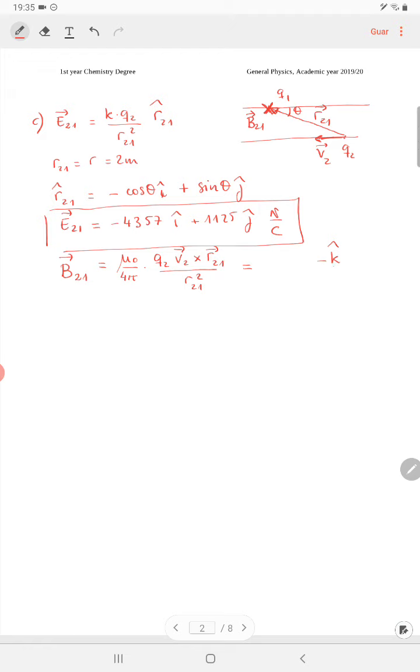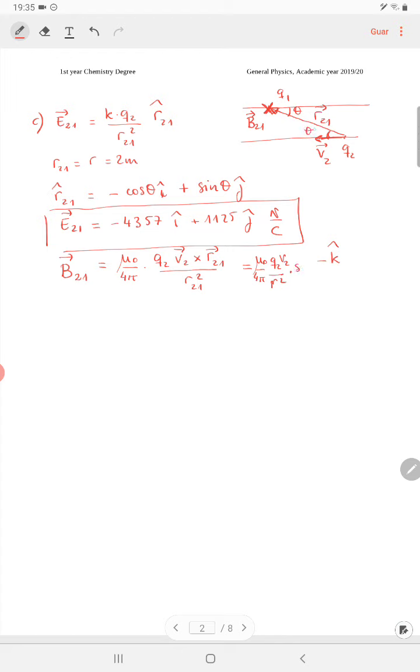Okay, so we already have the direction, and now we just have to multiply everything. So this is mu sub 0 divided by 4 pi, this is q2, this is v2, this is r21, but we know already that this is r, which is 2 meters, and then here we have to multiply by the sin of the angle that v2 and r21 form, which is theta.